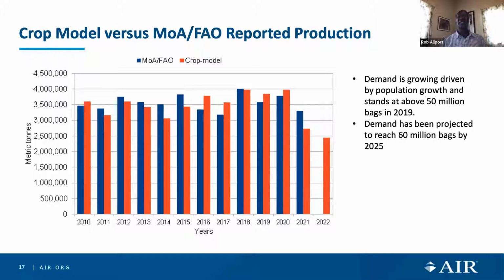So this raises an issue. What will happen for Kenya? Will it keep on buying, which Rob said, uses a lot of money? And even right now, there's a lot of hunger in Kenya, as our 2022 prediction of maize production, you can see, is slightly below 2.5 million metric tons.